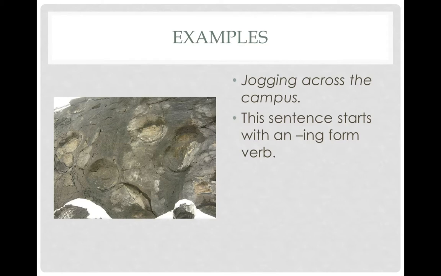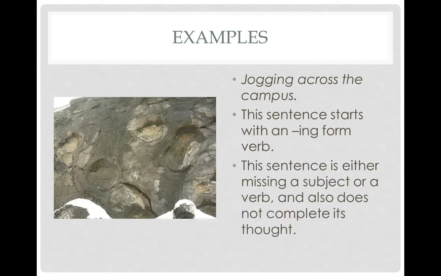Now, briefly, how we consider them in terms of fragments is that you can think of it as a verb, jogging, but it can't be the only verb in the sentence. Looking at what we have here, we're either missing a subject or we're missing a verb. Either way, we can't say that it completes its thought.